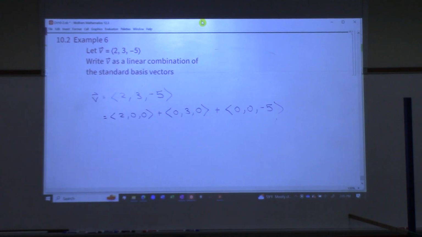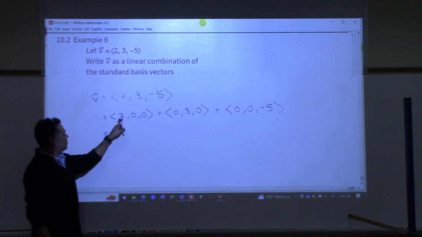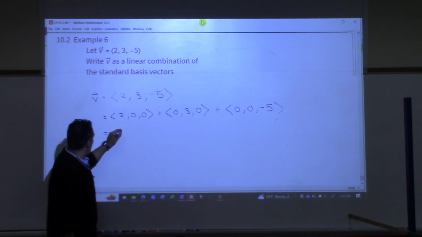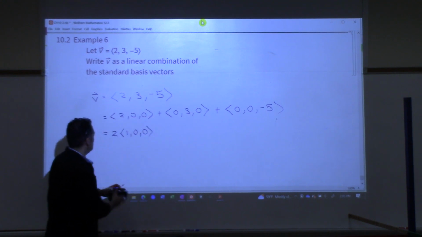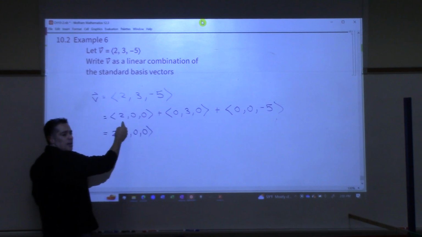Y'all agree with that? Yeah? Then on this first one, you see the 2? If I imagine pulling the scalar out of that vector, you would be left with 2 times the vector 1, 0, 0. And if I just scale it, I would get that, wouldn't I?